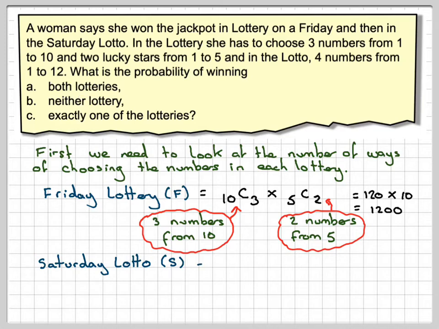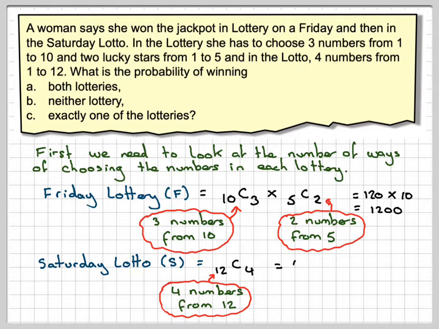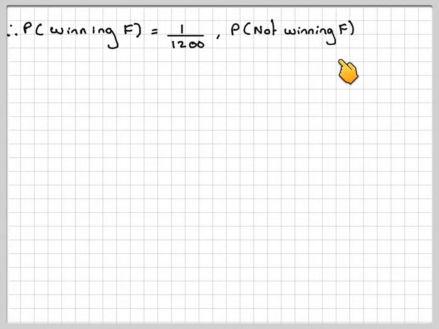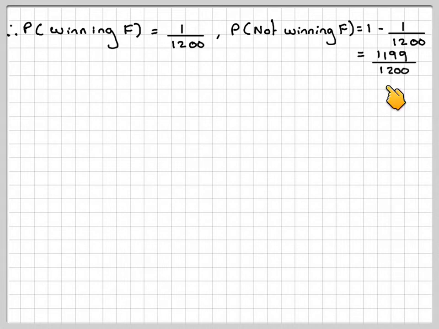For the Saturday lottery, which we're now going to call S, she just has to choose 4 numbers from the numbers 1 to 12. So that's going to be 12C4, 4 numbers from 12, which gives me 495. So the probability of winning the Friday lottery is going to be 1 out of 1,200. The probability of not winning is going to be 1 minus 1 over 1,200, which gives me 1,199 out of 1,200.